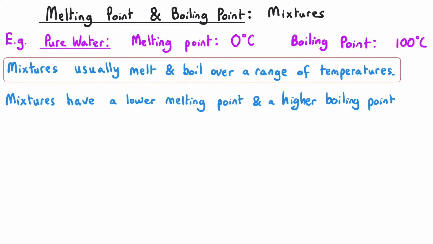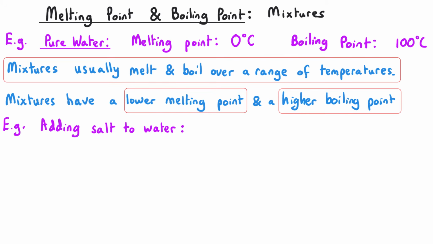In addition to this, the melting point and the boiling point actually changes when compared to the pure substance. And mixtures will normally have a lower melting point than the pure substance and a higher boiling point than that substance.